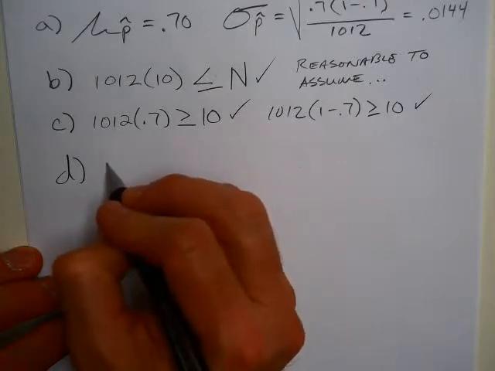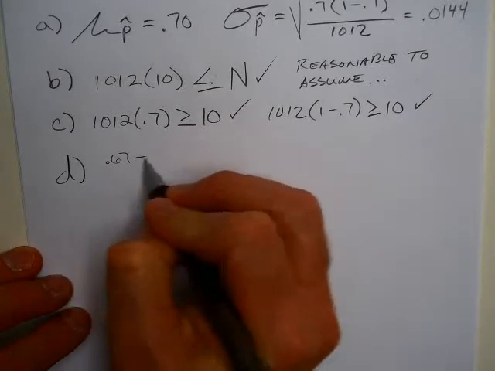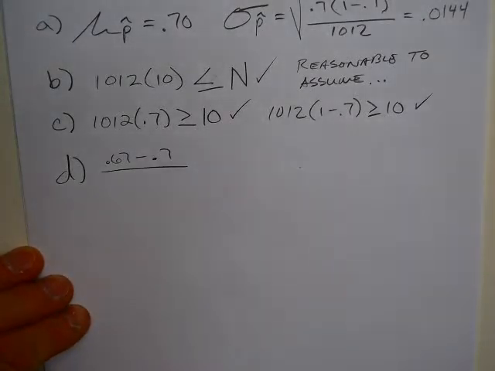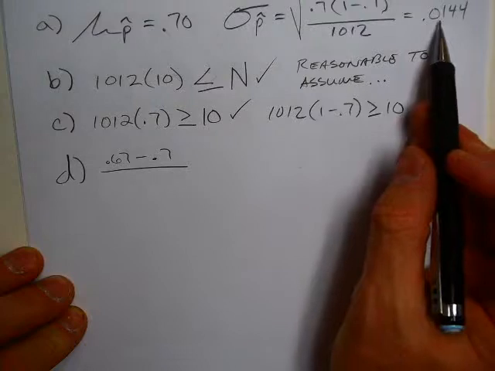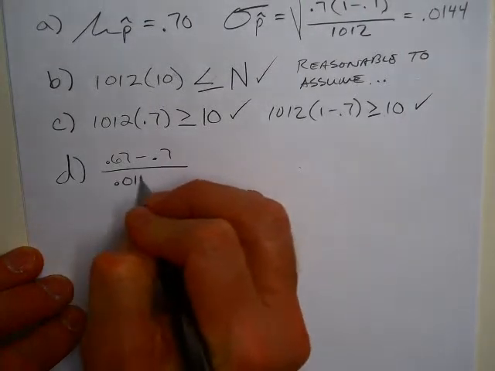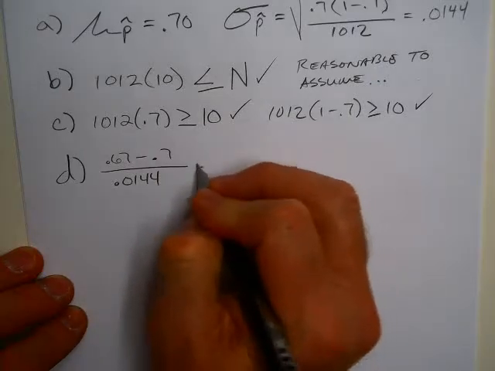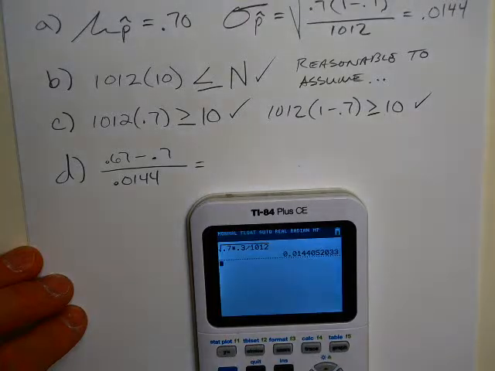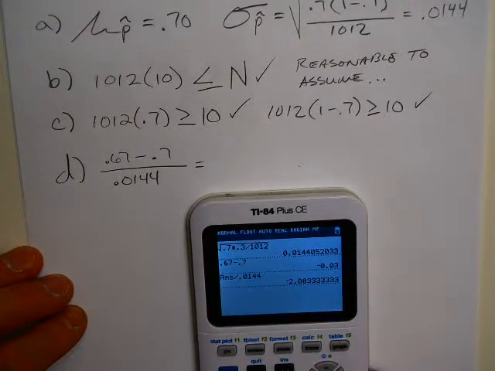So this is going to be p hat minus p divided by sigma p hat, which we've calculated up here, 0.0144. And that's going to give us a z-score. I get negative 2.08.